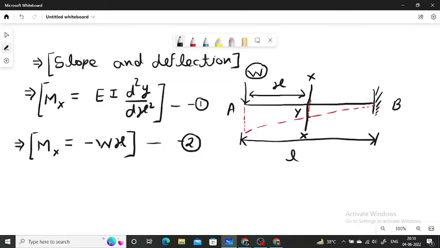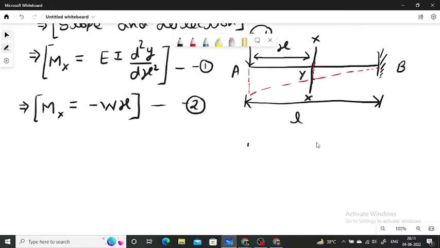These two equations give moment about this section XX as minus W into x. From the equation number 1 and 2, these two values are equal to each other. So EI into d2y upon dx square will be equal to minus W into x.